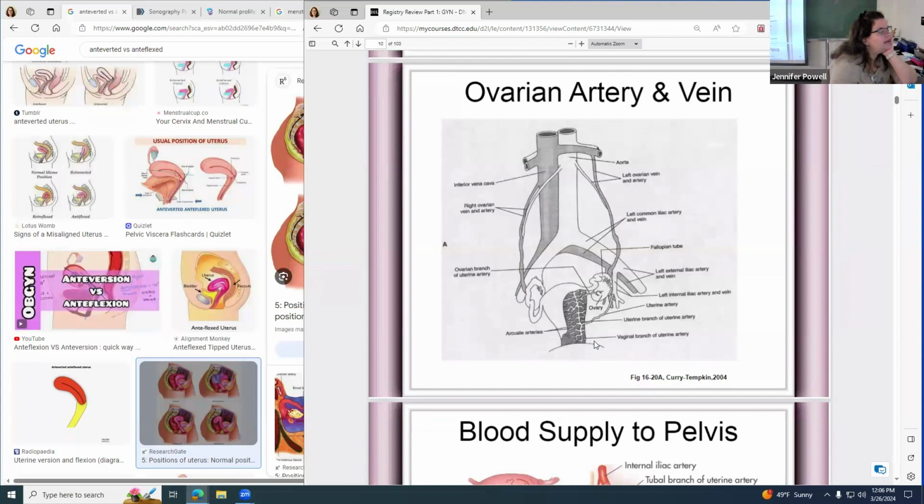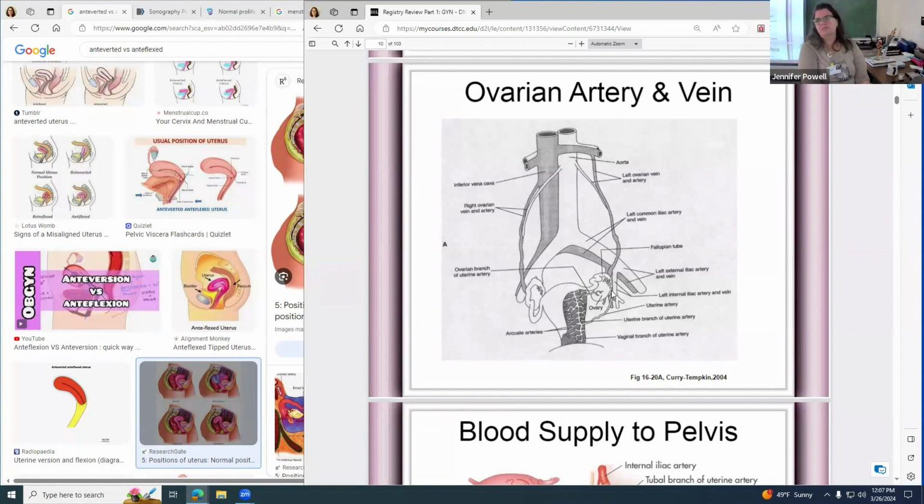You have the vaginal branch of the uterine artery, the uterine branch of the uterine artery here, which looks like it actually comes off of, so wait, we've got this ovarian artery, which feeds the ovary, but then it gets additional blood flow from the ovarian branch of the uterine artery, which actually comes off of the internal iliac artery. So duplicated blood supply to the ovaries because they're that important.